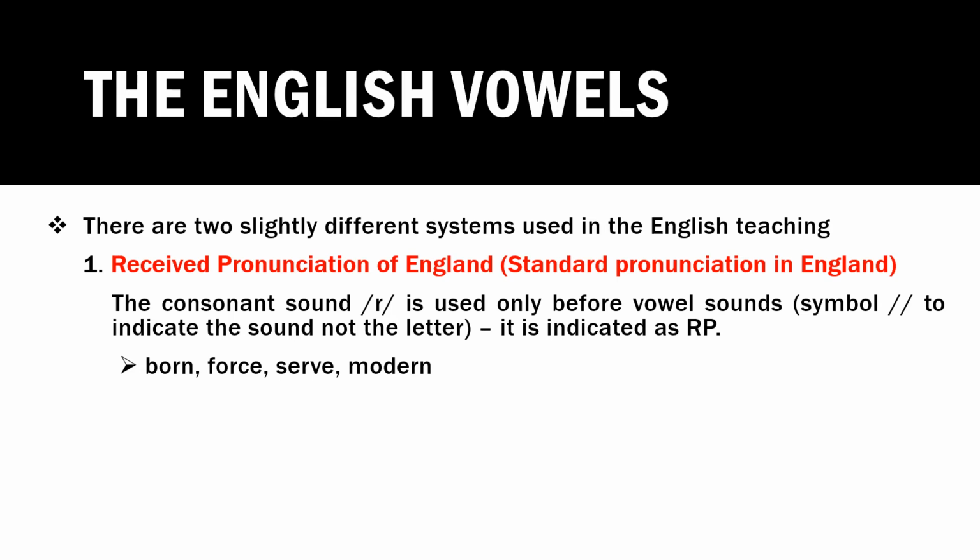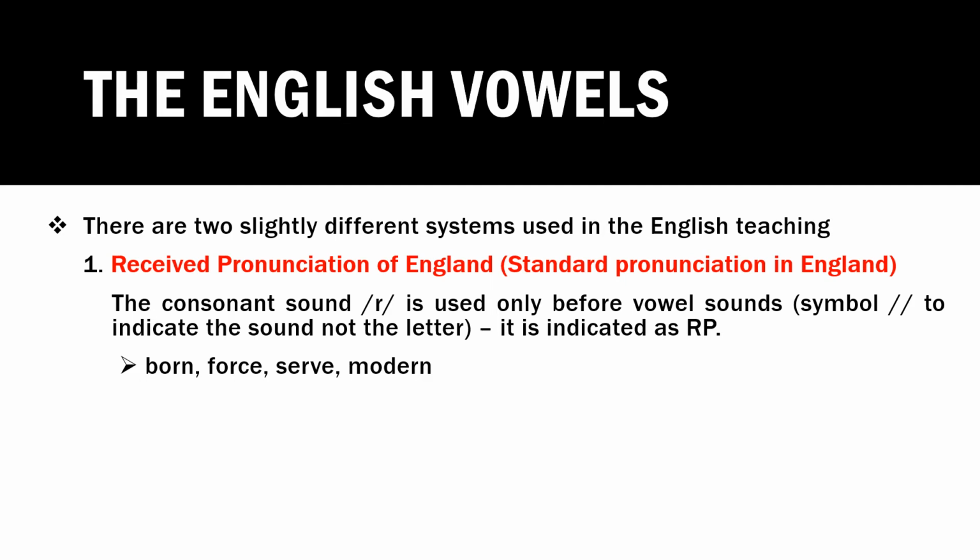These are four examples. If they are pronounced in received pronunciation, or RP, you will never hear the sound of R, because here R came after the vowel sound. In RP, there isn't any sound of R after a vowel.